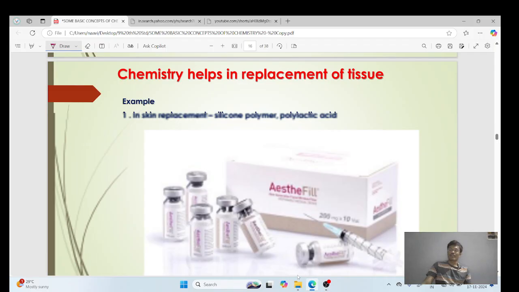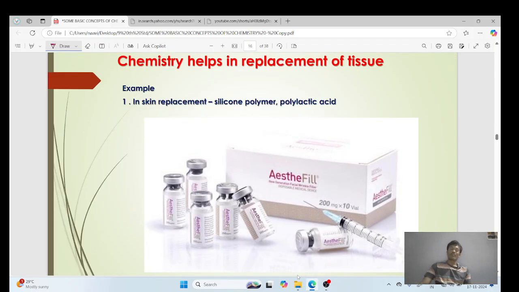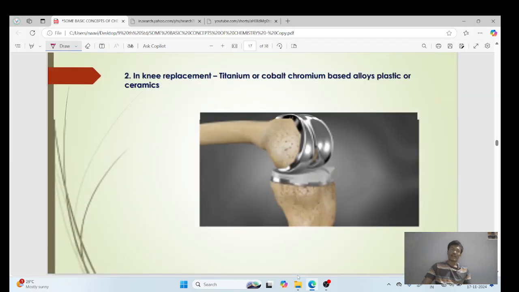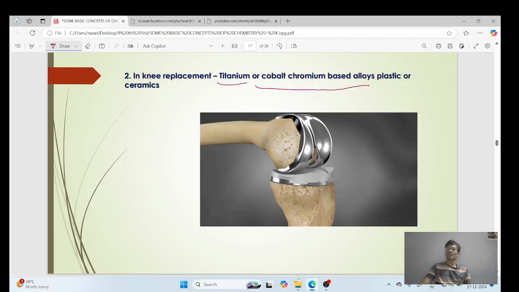It also helps in skin replacement, using silicone polymer and polylactic acid. These are the chemicals which we can use in skin replacement. For knee replacement we can use titanium and cobalt chromium based alloys, a plastic, or cermets.